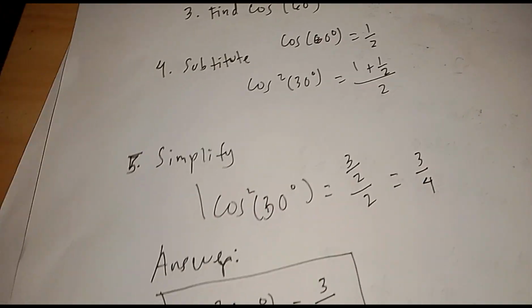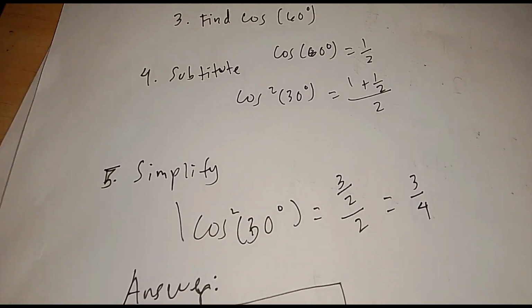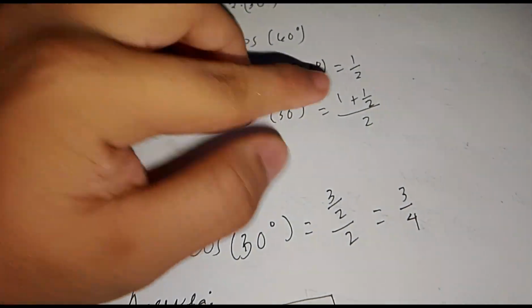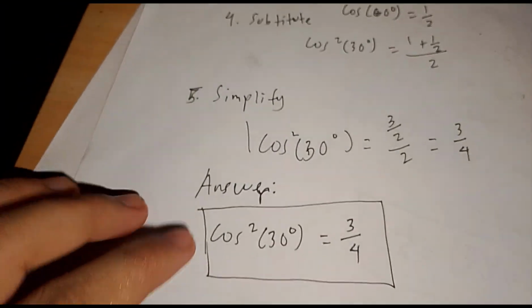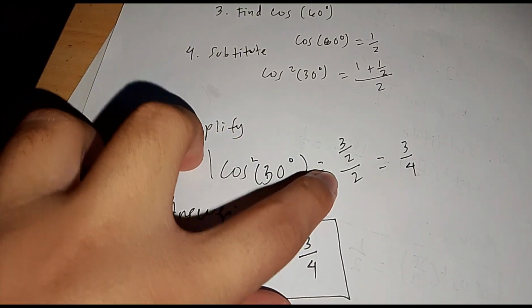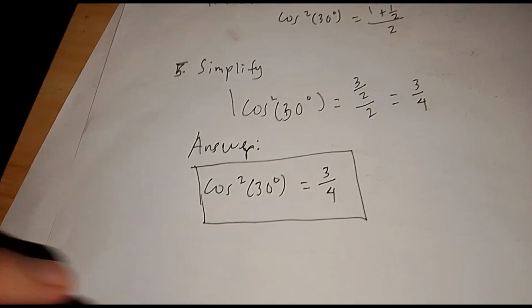So, just like what we did earlier, 1 plus 1/2 over 2. Simplify, we get 3 over 2 divided by 2 equals 3/4. So cosine squared 30 degrees is equal to 3/4.